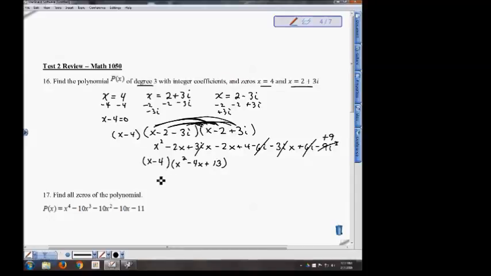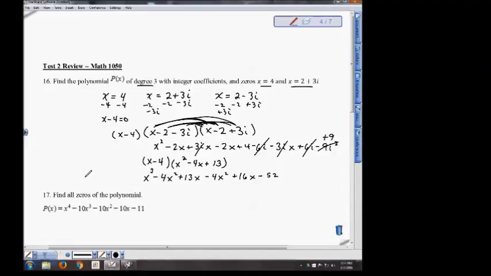times x minus 4. And then multiply those together, you're going to have x to the third minus 4x squared plus 13x minus 4x squared plus 16x minus 52.